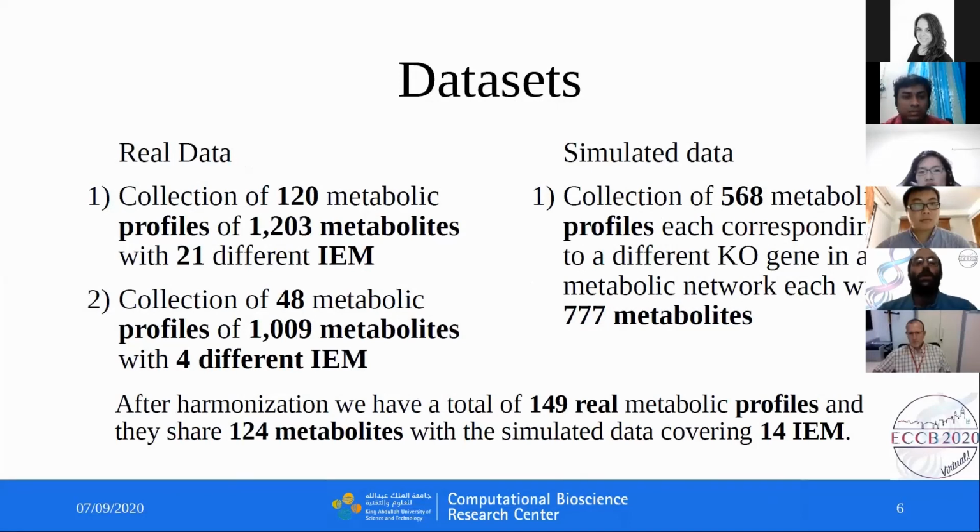We have been working with 3 data sets. 2 data sets are made of real data. They comprise a grand total of 168 metabolic profiles with more than 1,000 metabolites each. The classes of diseases, inborn errors of metabolism, IEMs, are 21 because the second set has classes that are a subset of the first one.